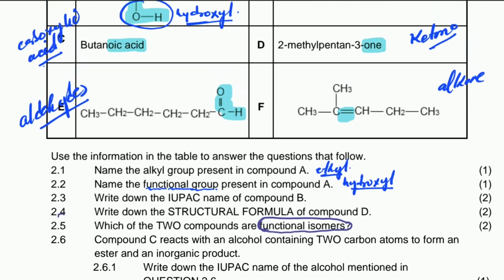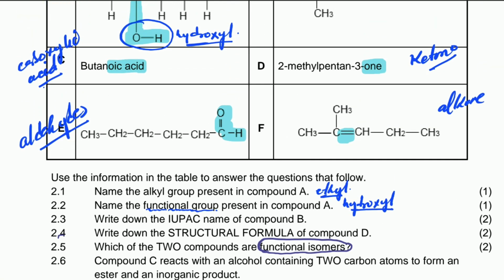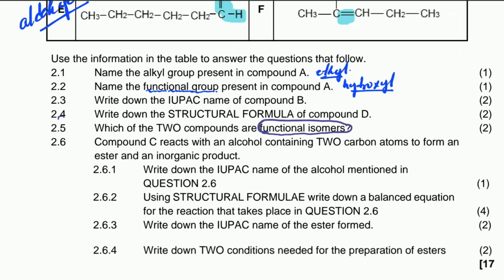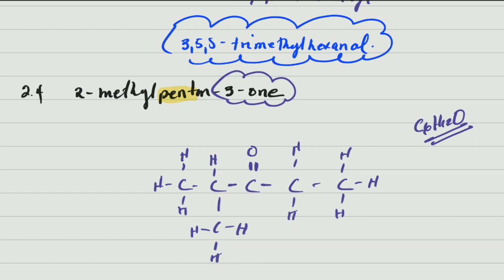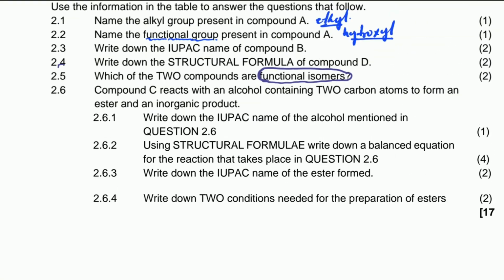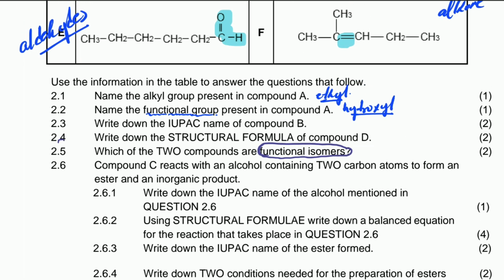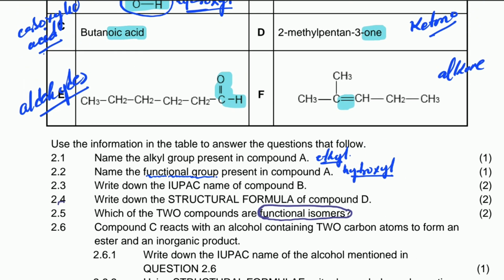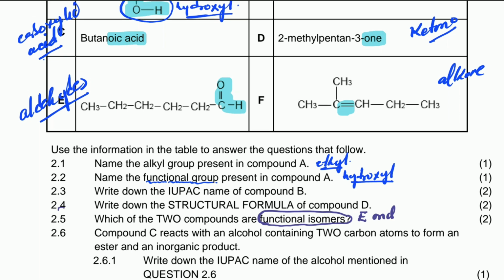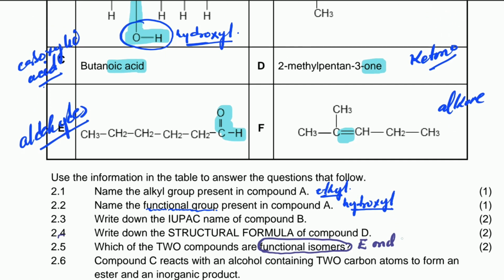So it must be the other aldehyde. In this case, 1, 2, 3, 4, 5, and 6 will be compound E. E also has 6 carbons and how many hydrogens did I say? 12 hydrogens, guys. So 6 carbons and 12 hydrogens. So in this case, the 2 functional isomers are compound E and the ketone, which is compound D. I hope you understand, guys. I'll leave the link for the isomers.